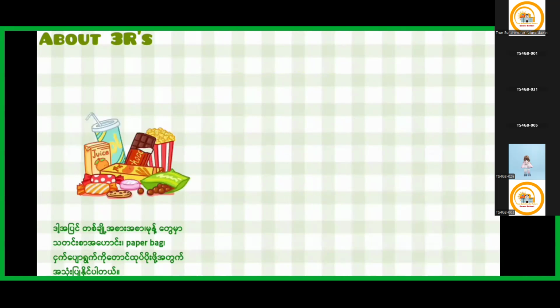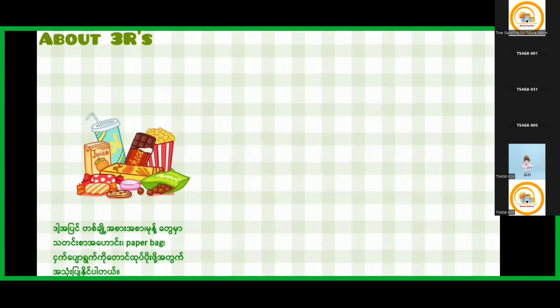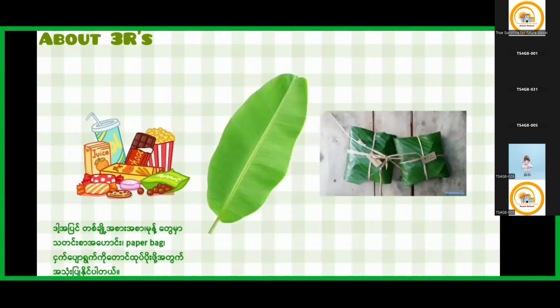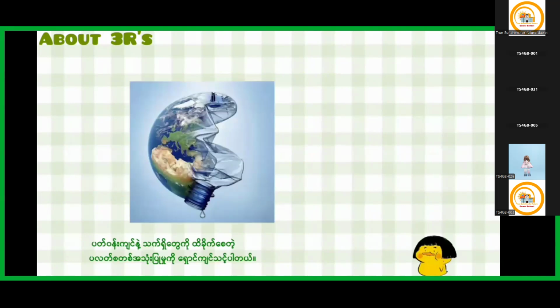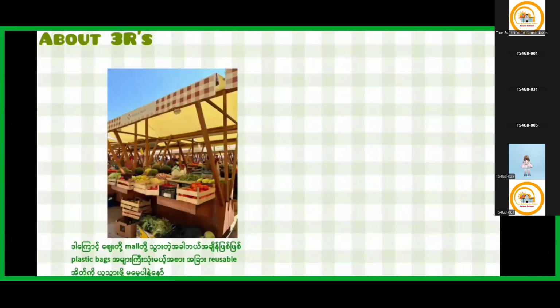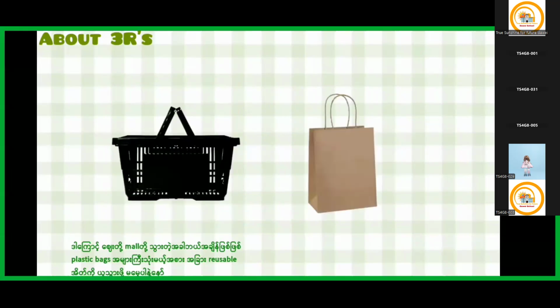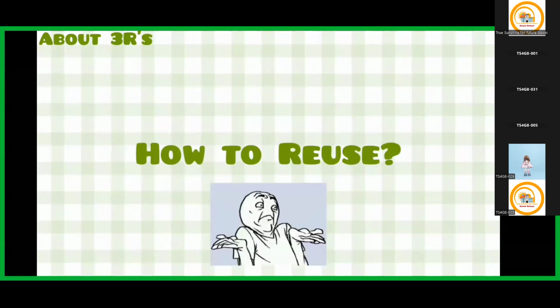Moreover, for some food, we can use old newspaper, paper bags, or even banana leaf for wrapping or packaging. We should avoid using too many plastic bags because they harm our environment and living things. So, whenever you go to the market or mall, remember to bring your own basket or reusable bag instead of using several plastic ones.